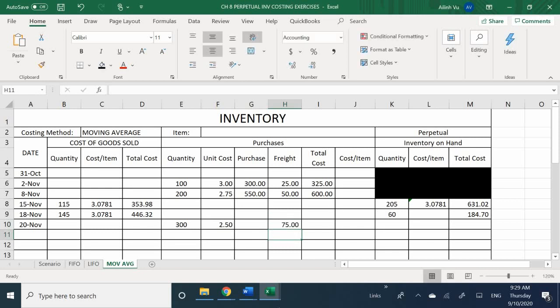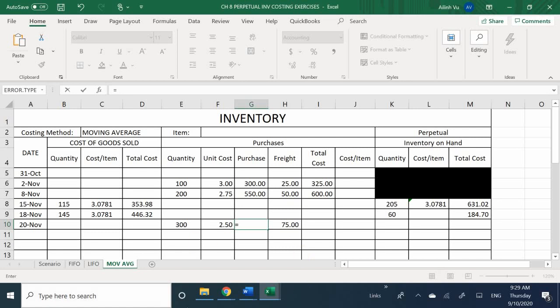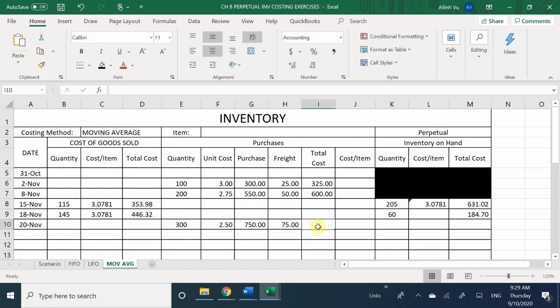All right, so what are my numbers here? 750. 750 plus 75 gives us 825.